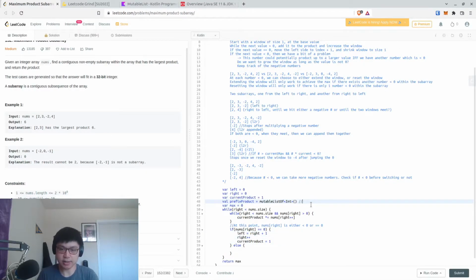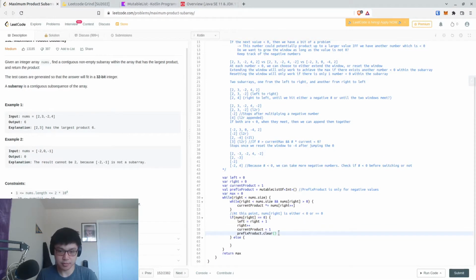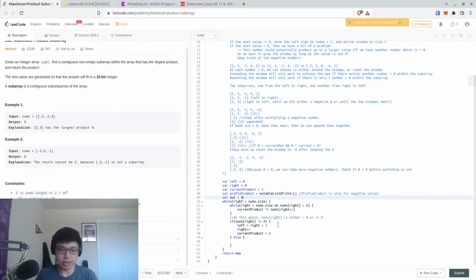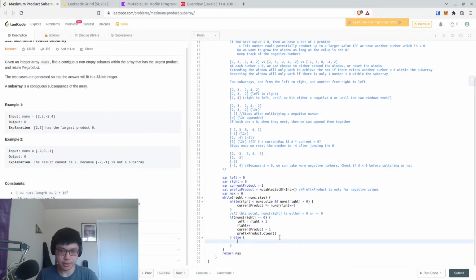So this prefix product is exclusively for negative values. And we can even say prefix product dot clear or something. We could probably even do away with the prefix product now that I think about it. We can solve that a little bit later.